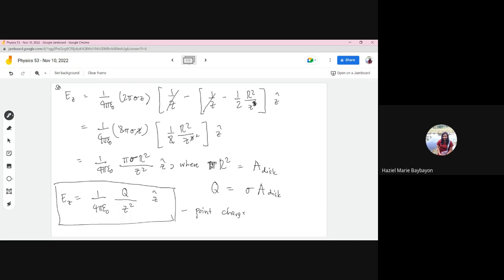So let's have one more example on divergence and Gauss law. Okay, how about this problem?